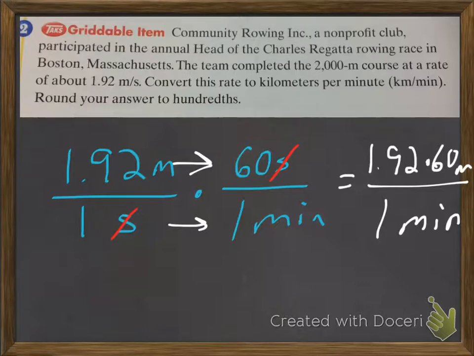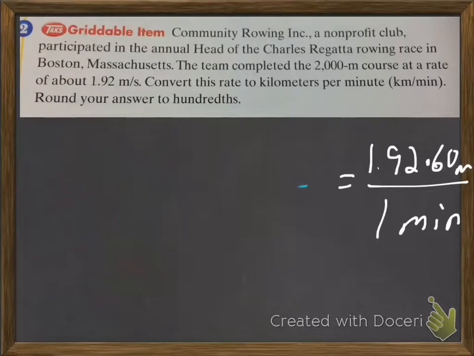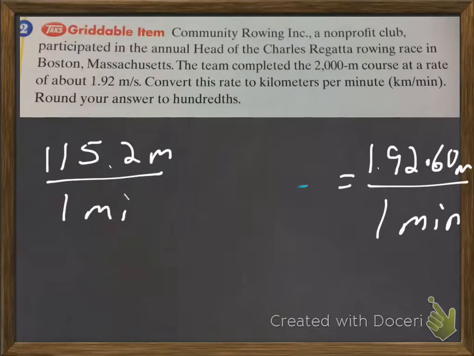Now let me simplify this. I'm going to erase this part. 1.92 times 60 is 115.2 meters per 1 minute. So we've gotten rid of our seconds.